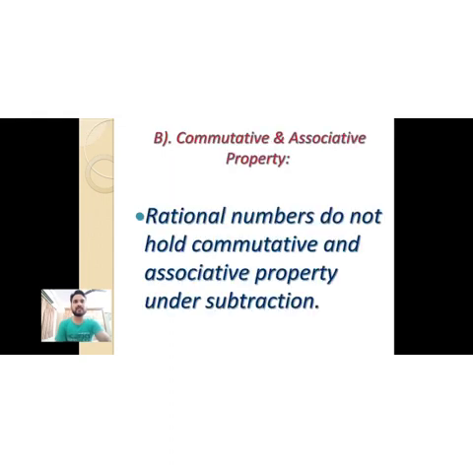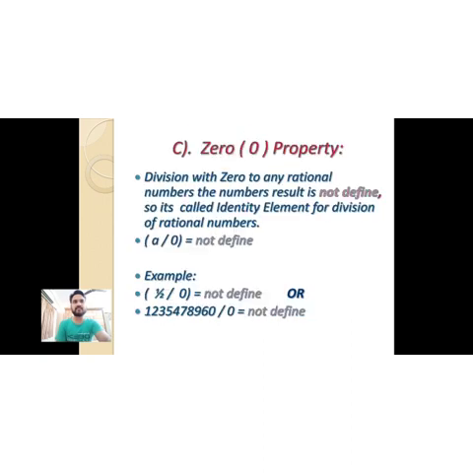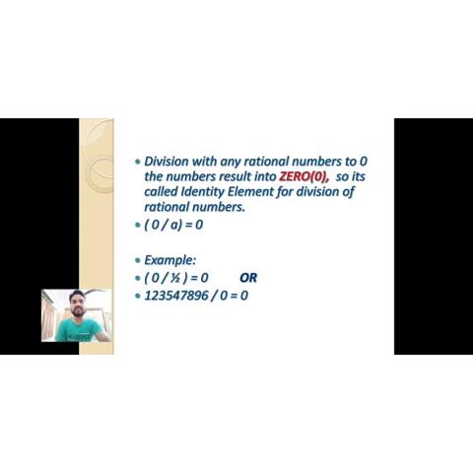Commutative property and associative property are the same: there is no commutative and associative property of division. The zero property is also there. Any number divided by 0 is not defined, or 0 divided by any number, its answer is 0.